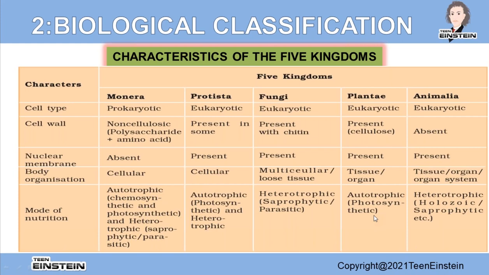They are autotrophic, meaning they do photosynthesis. So tissue or organ level of organization, nuclear membrane present, cell wall with cellulose, and eukaryotic cell type.